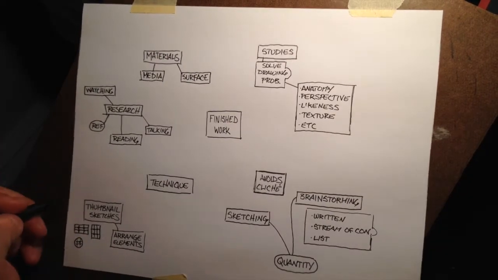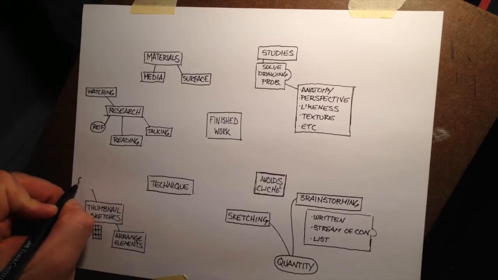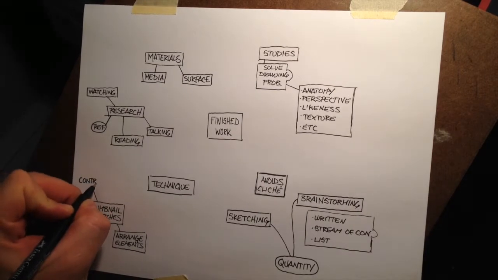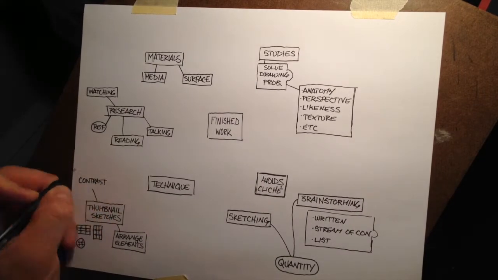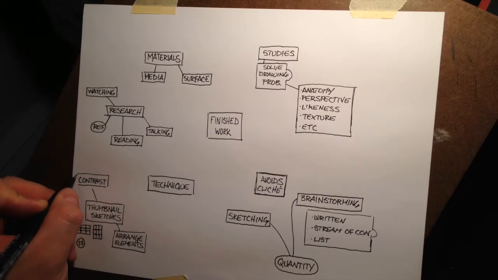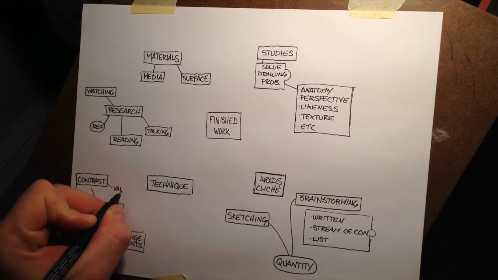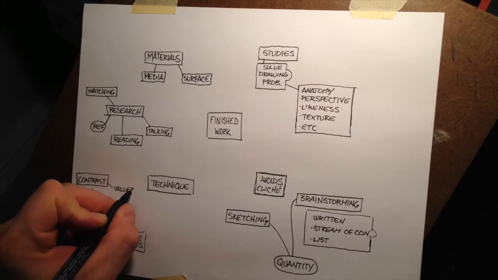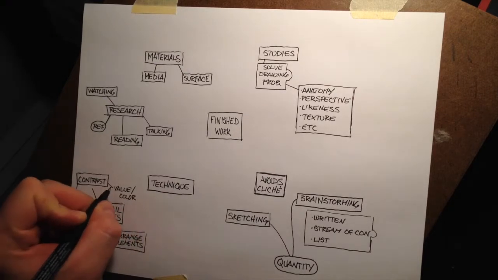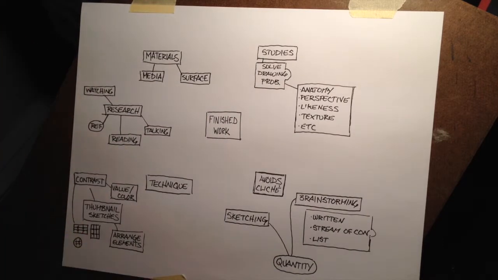These focal points, one way to create focal points and interest, alright, an interesting piece, is to think about contrast. Contrast in value and color. Okay, so this is your checklist, right?